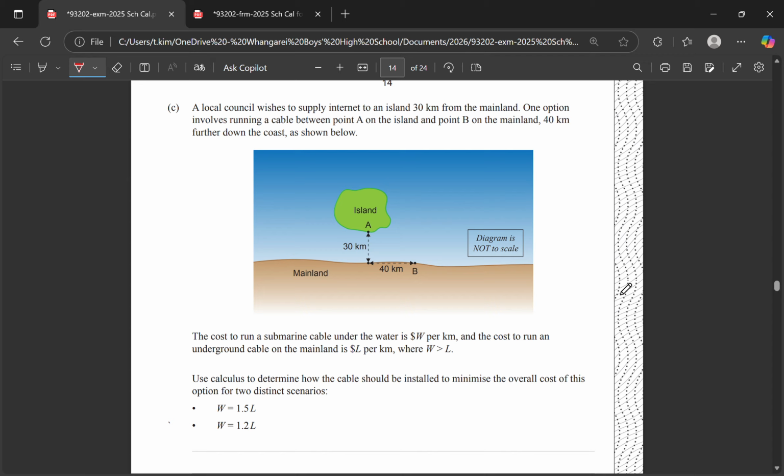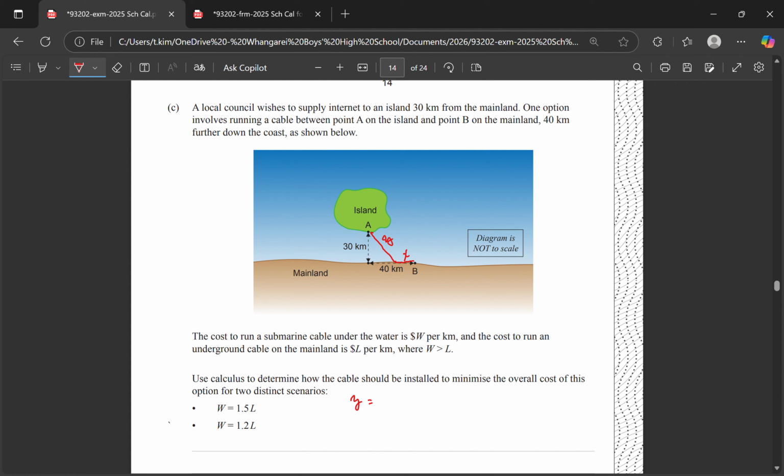Right, so to install the cable, I would say something like this. Let's label the one under the water Y and underground X. We have to find the relationship between X and Y. So Y in terms of X is what?